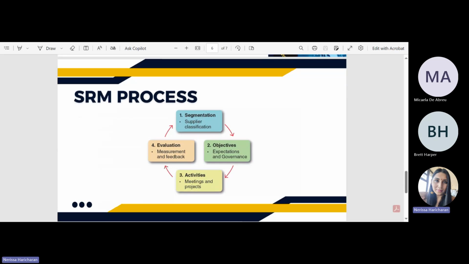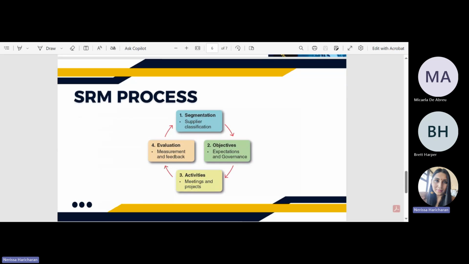Number two is objectives. So the aim of setting an objective from an SRM perspective is to understand what the expectations are for the supplier so that both parties can agree.